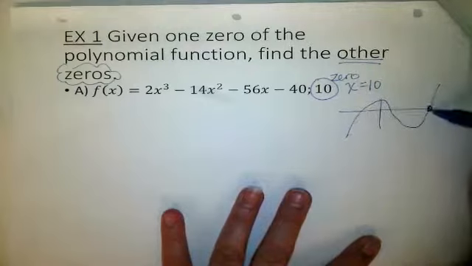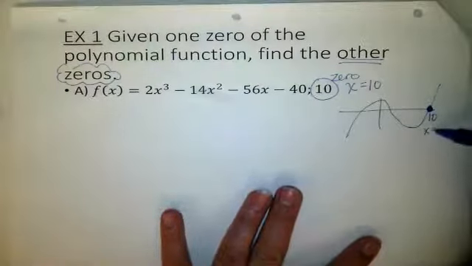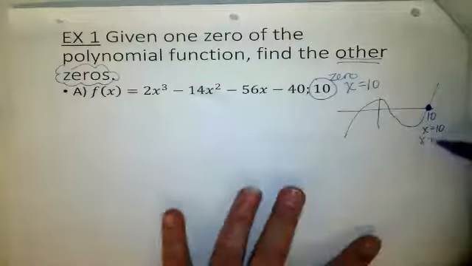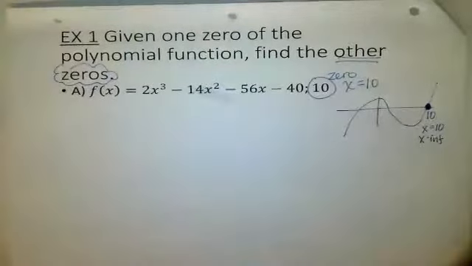Right here, when x is 10, we're solving to say that x equals 10, and that is an x-intercept, where the graph crosses the x-axis. And every time you solve for x, you're getting an x-intercept. So there's a connection between solving for x and the graph.